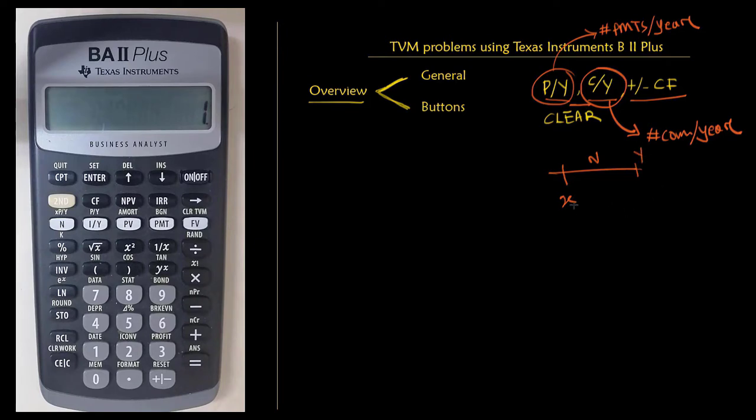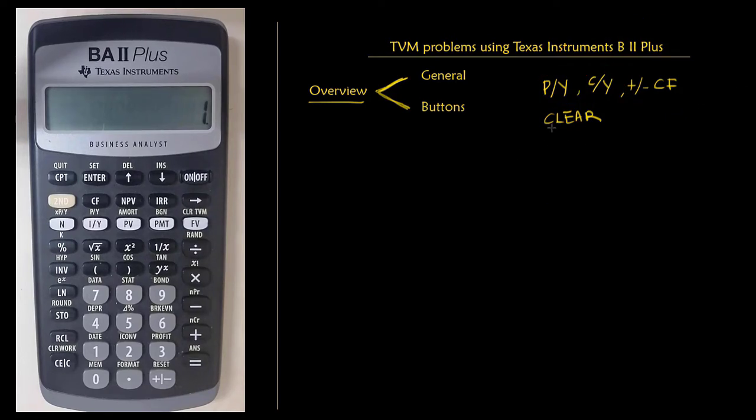So in your calculator, you need to put negative X as your present value because it's a cash outflow from your perspective, and the money that you'll receive after N years is a positive cash flow, so you will need to enter a positive value for this one. You will see what all this means very soon with an example.